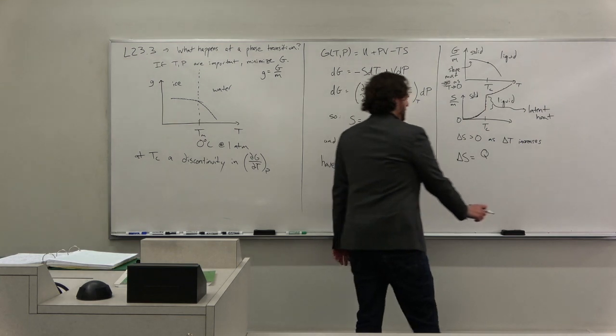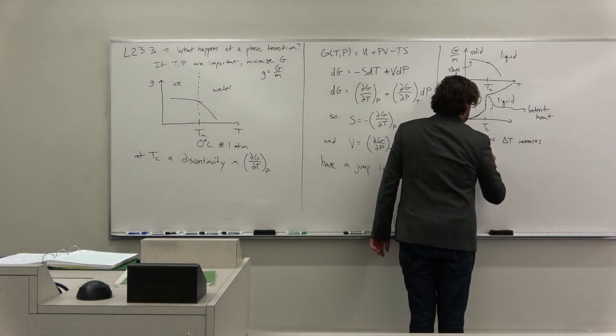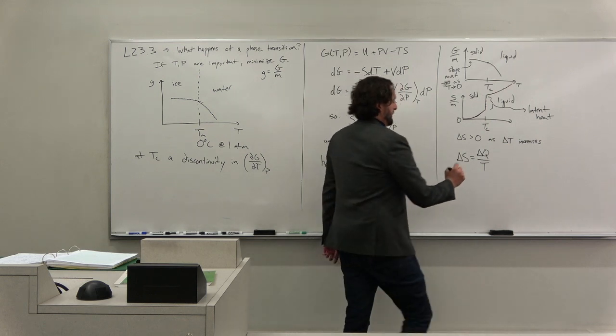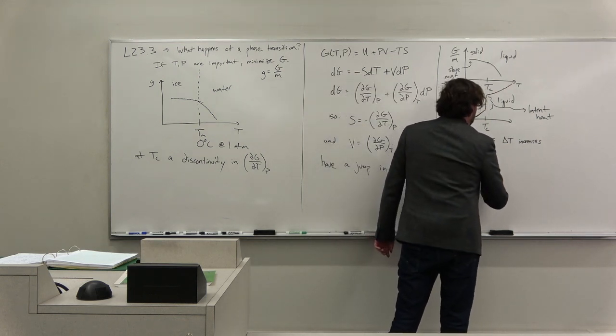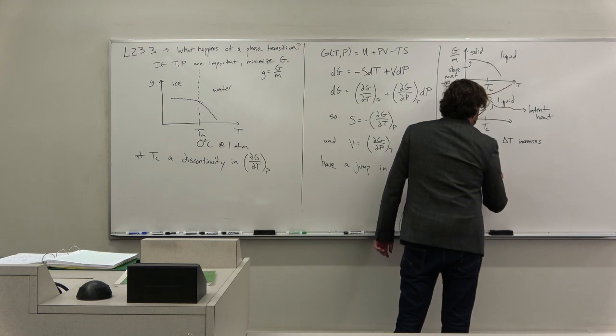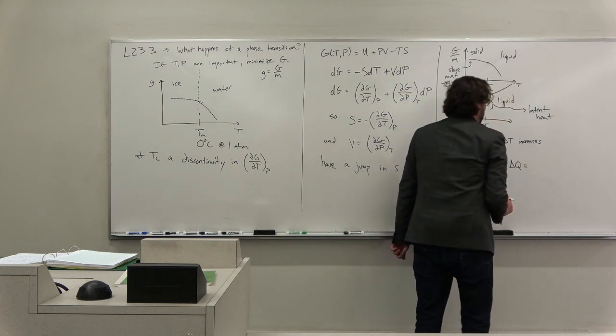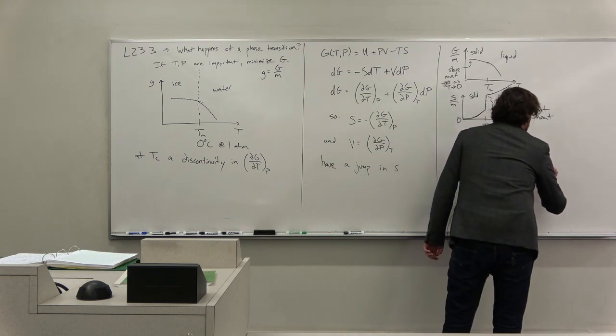Let's call it delta Q over T at Tc, right? And that delta Q was the mass times the latent heat.